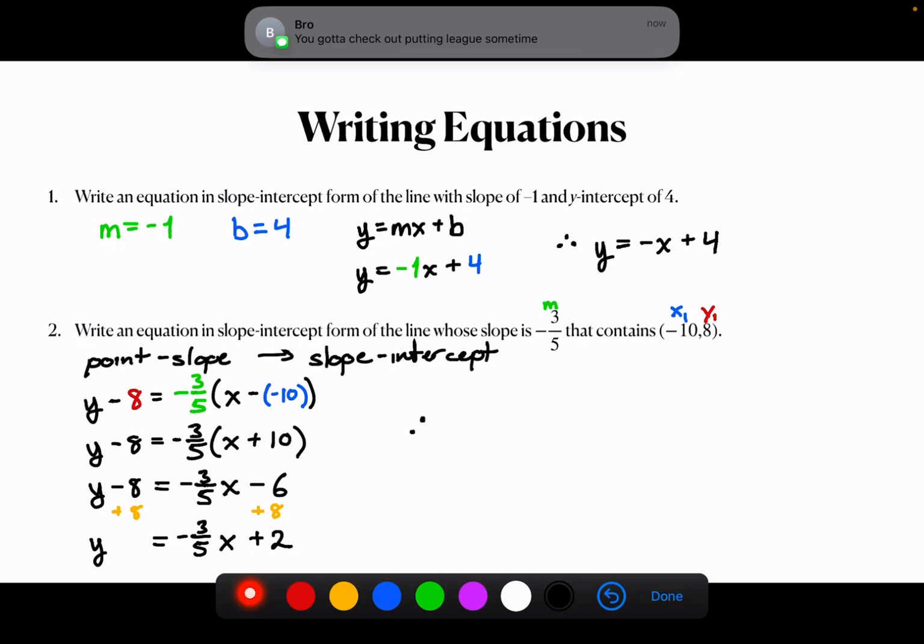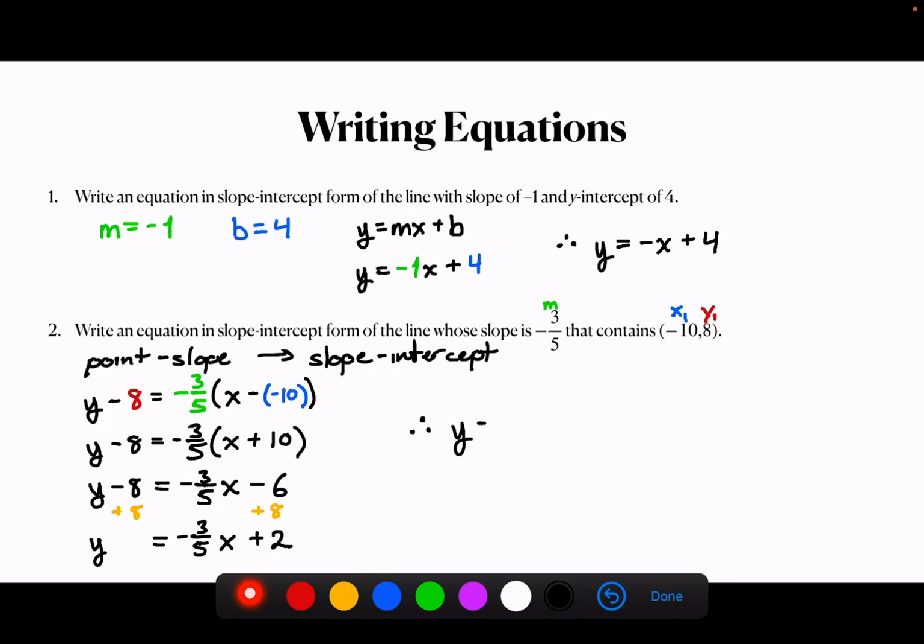And so therefore, our equation for this line is going to be y equals negative 3/5 x plus 2. And so starting at 2 on the y-axis, we can move down 3 and over 5 to find our next point. And therefore, when we graph our line, we know that we'll end up going through (-10, 8) at some point.